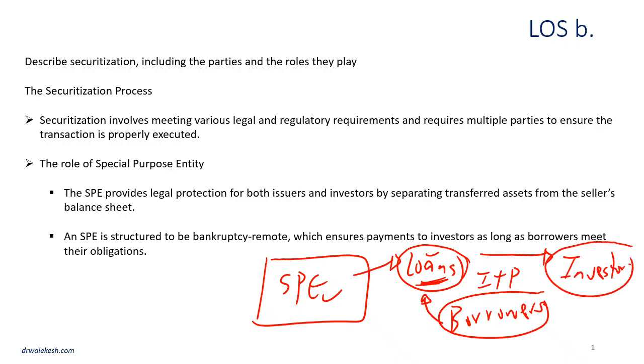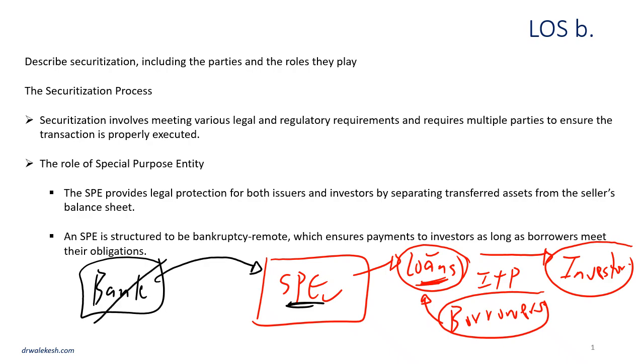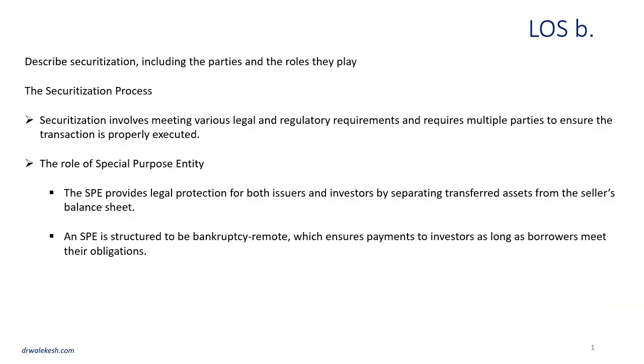So even if the bank that sold the loan to the SPE goes bankrupt, the SPE will keep paying investors as long as the borrowers of this loan keep servicing their loans. Which is why here the SPE is structured as a bankruptcy remote vehicle.